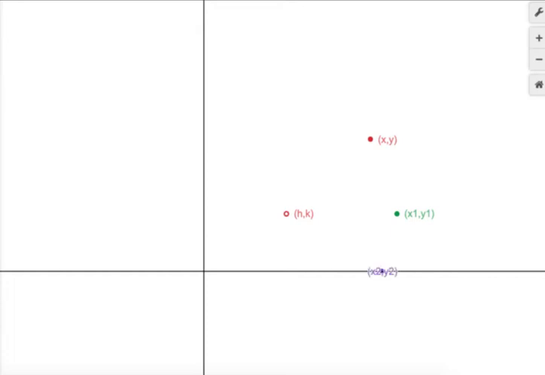Or I could talk about that point that is 4 units away. And I can actually come up with several points that are 4 units away from h, k. So if we start plotting some points here, these are all points which are 4 units away.